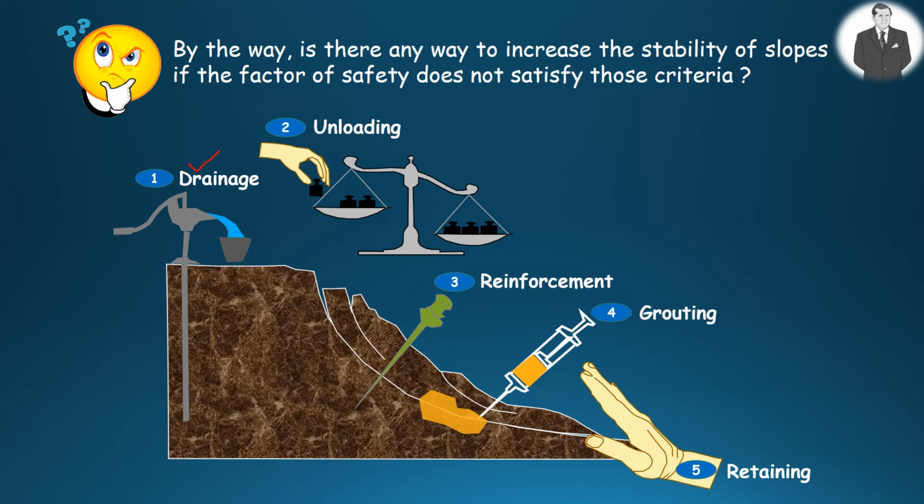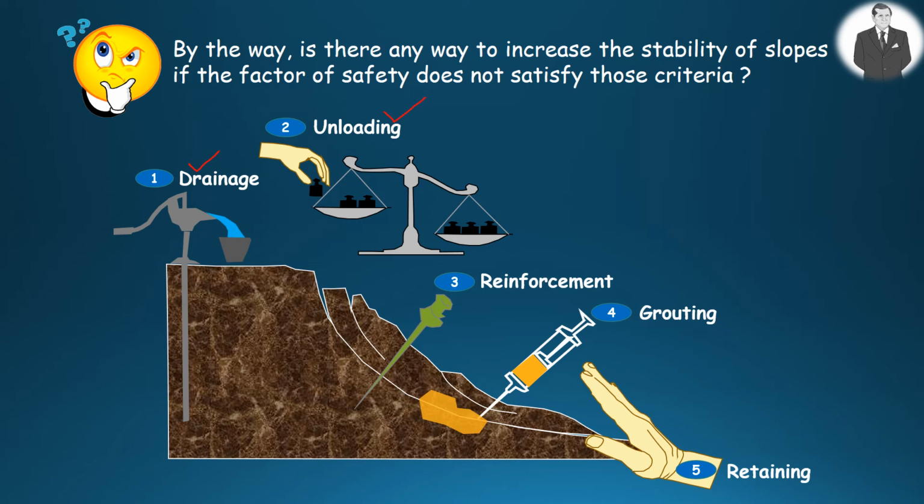In this technique, we drain water away from the soil mass to increase the effective stress, thus increasing the shear strength of the soil mass. Unloading is another technique.